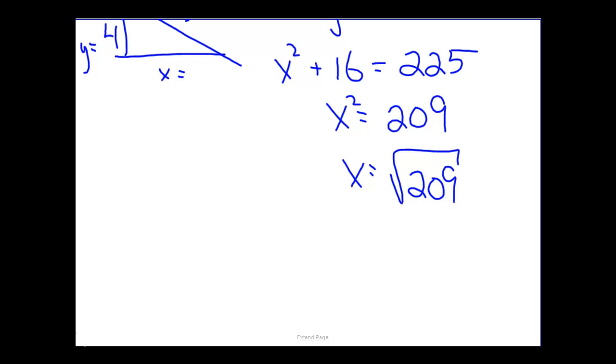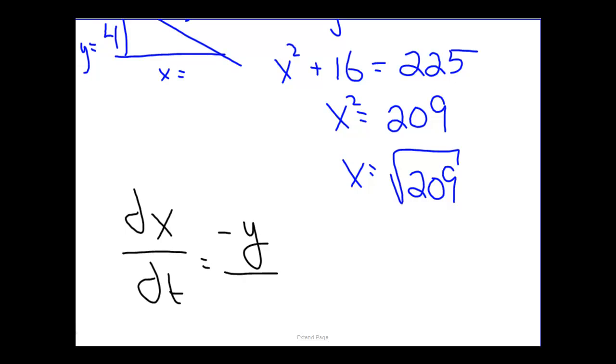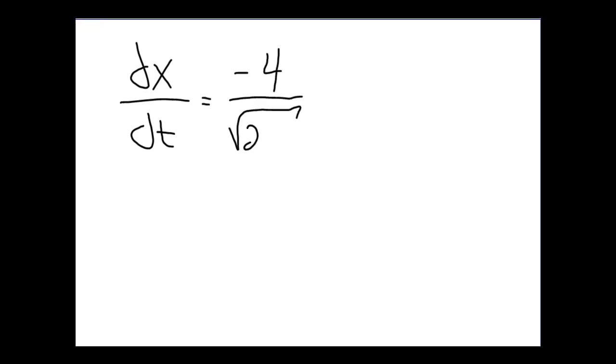We can now look at what the final rate of change dx/dt is. Our equation that we came up with is negative y divided by x times minus 2. And at this particular point, we know the x and y values that correspond to things here, so we can go through and look at that. So our dx/dt will equal minus 4 divided by the square root of 209 times minus 2.